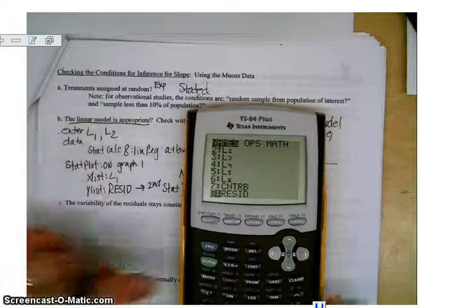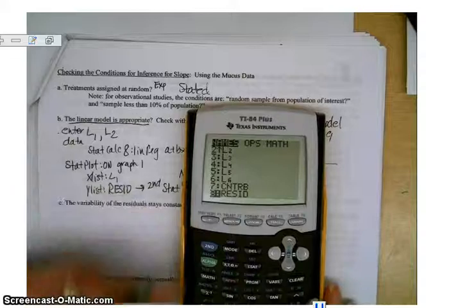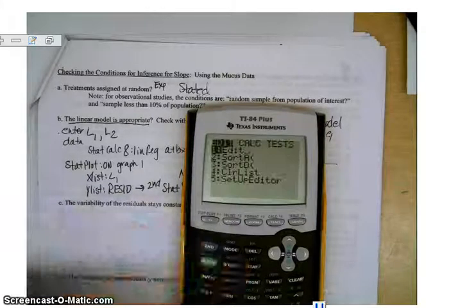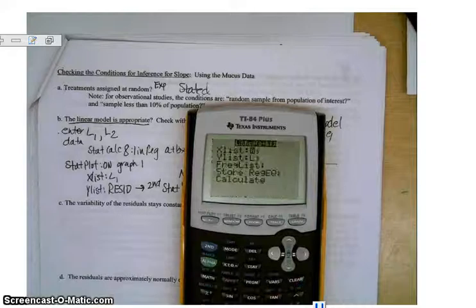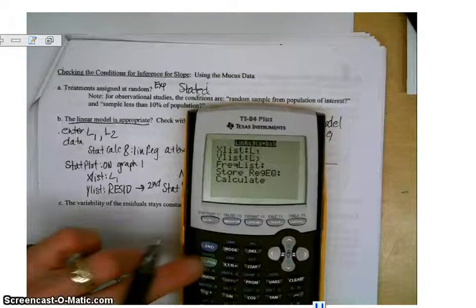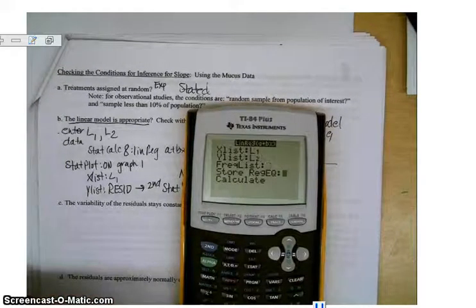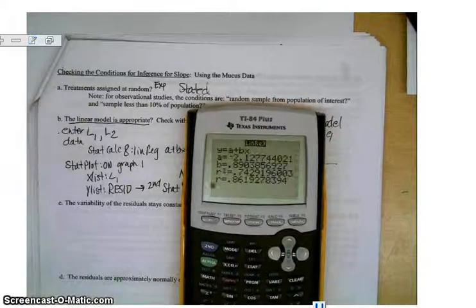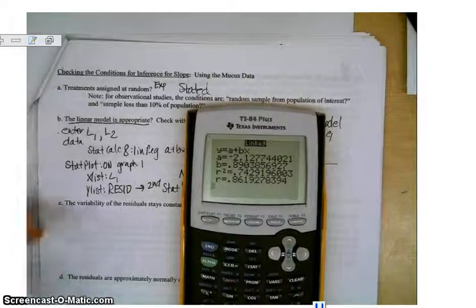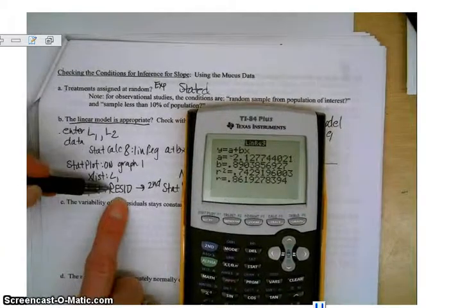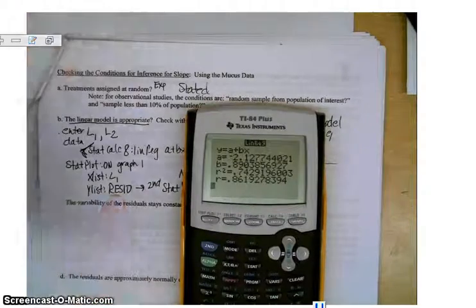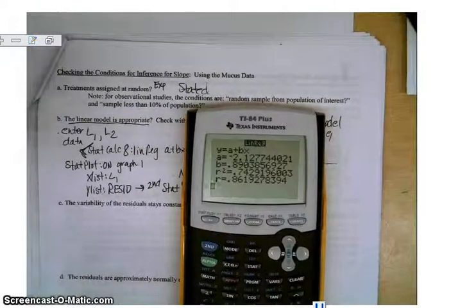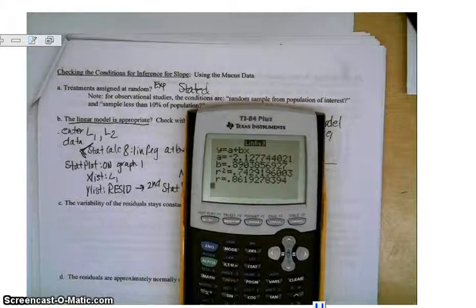It's not the right data, but I could go second quit, stat calc 8, and do list 1 and list 2, and all I need to do is calculate that. I don't need to write it down. But your residual data will not show up unless you do this stat calc 8. You have to do the linear regression for your calculator to store the residual points.